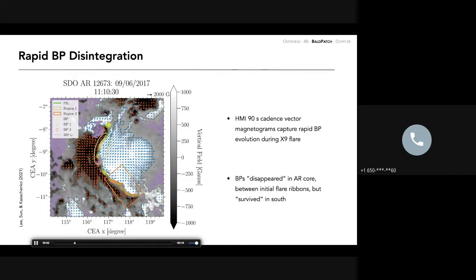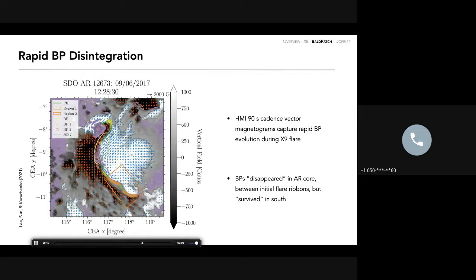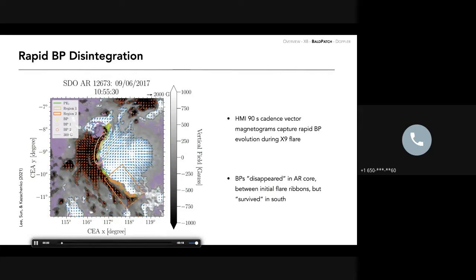So pre-flare, in the yellow ellipse in the center, there are lots of bald patch pixels. And after the flare, let's wait a little bit, you can see the disappearance of these bald patch. These are derived from the high cadence HMI vector magnetograms, 90-second cadence. Jonathan used this sequence of magnetic field maps to look at the evolution of bald patch.